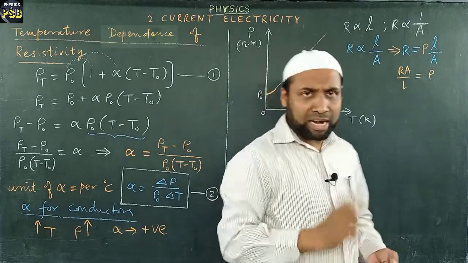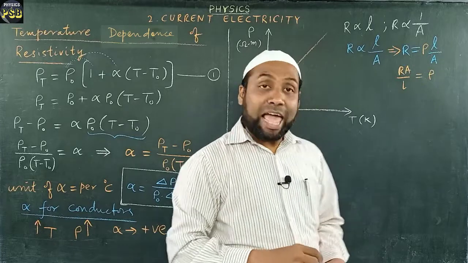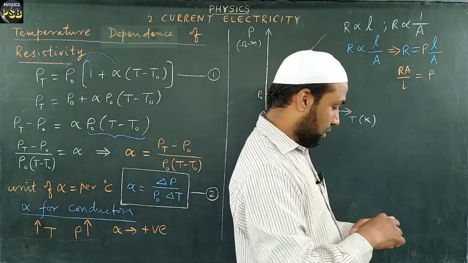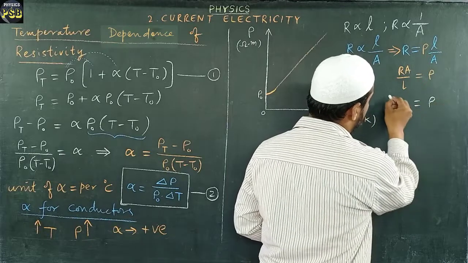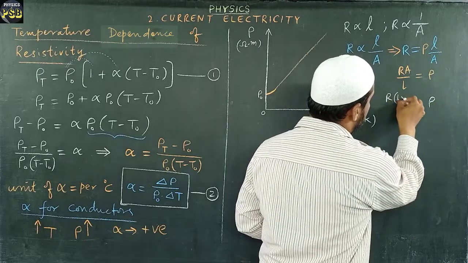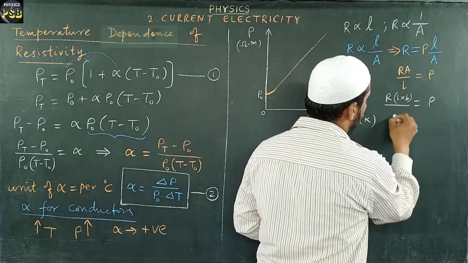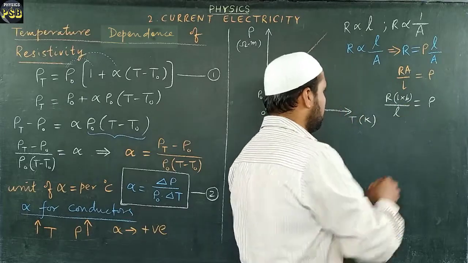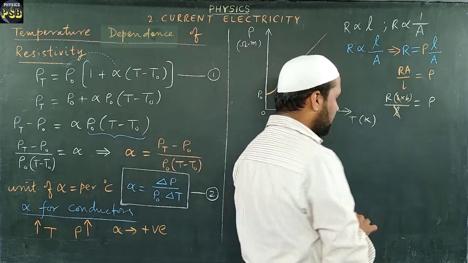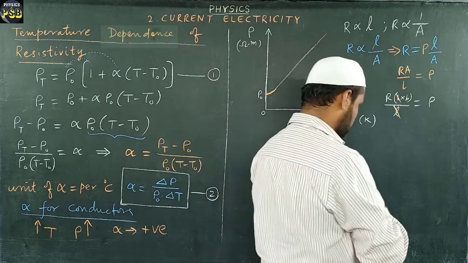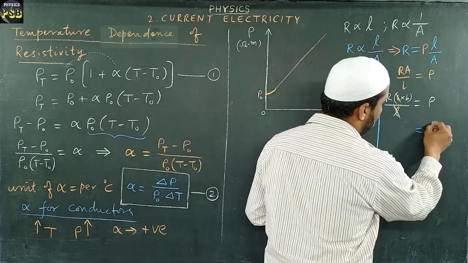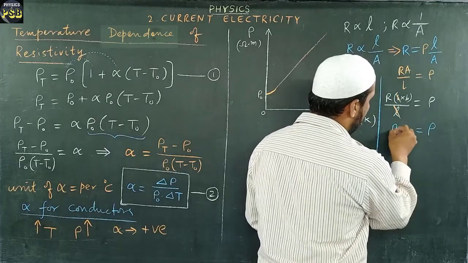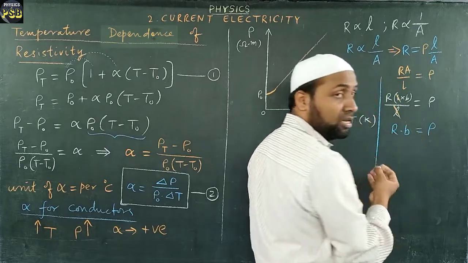I consider the conductor to be rectangular in shape. So it becomes L into B upon L. Here, L and L will cancel. We get the expression for rho as R into B.